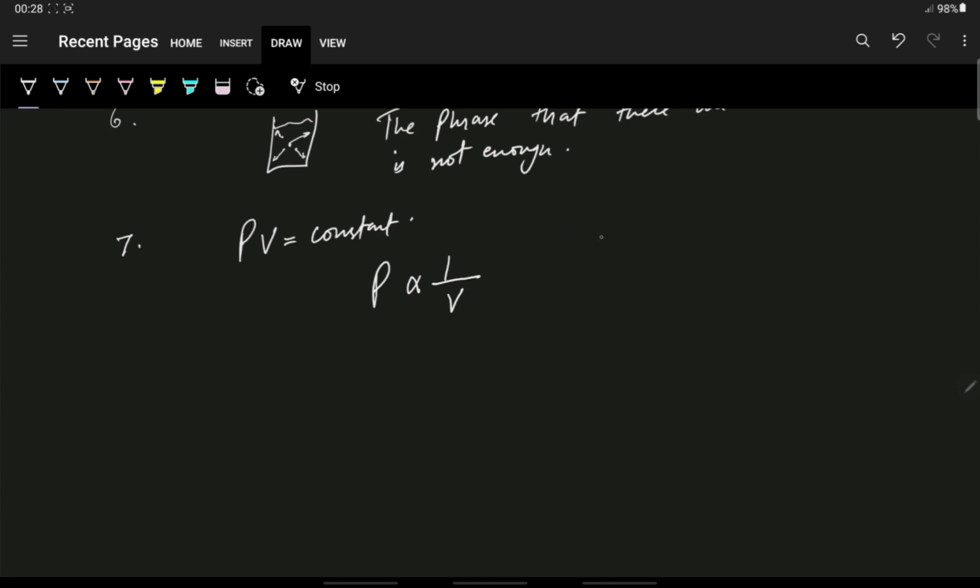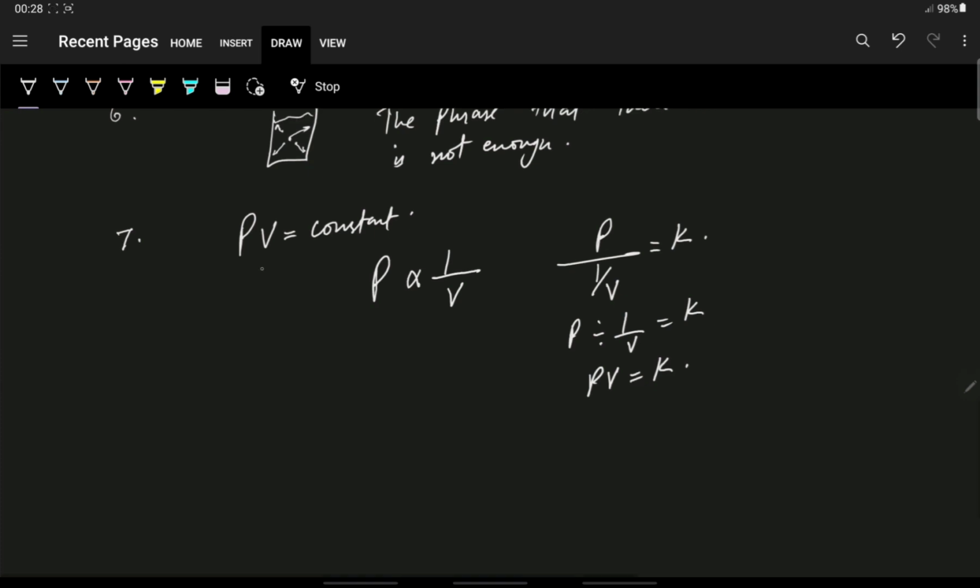That's why if we use this mathematical term, P divided by 1 over V is equal to constant K, that will give us exactly the same expression, PV is equal to K. So pressure multiplied by the volume will give us a constant. But pressure and volume are inversely related to each other. You should know this.